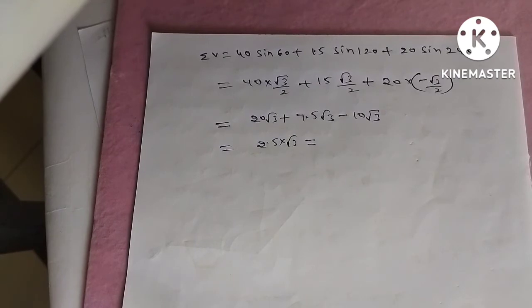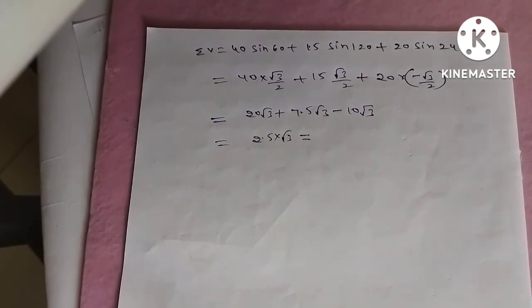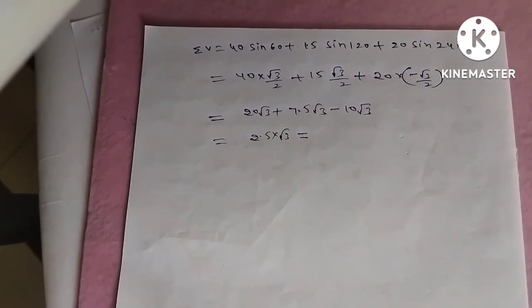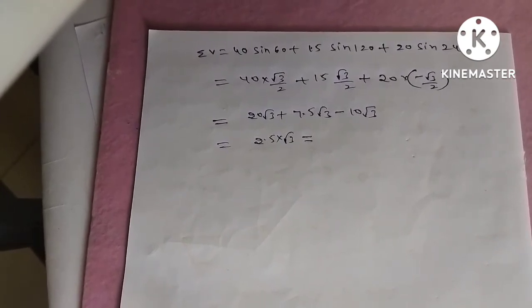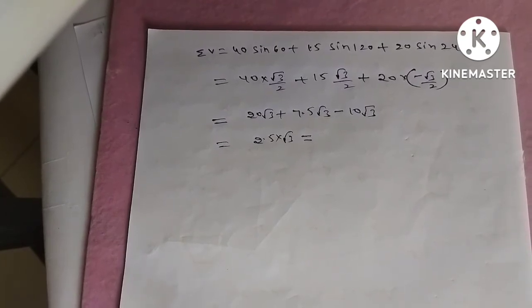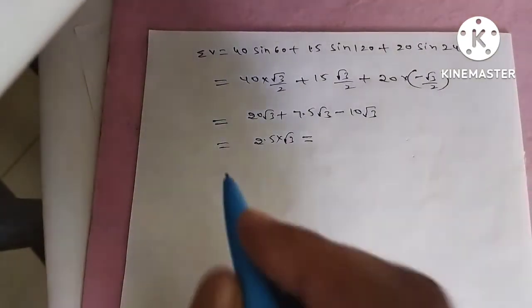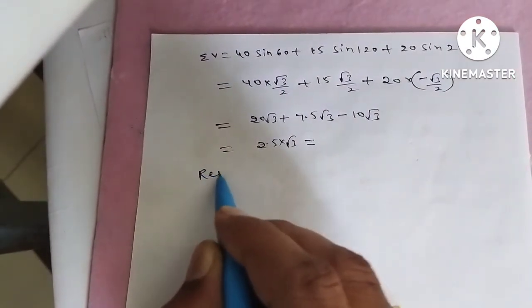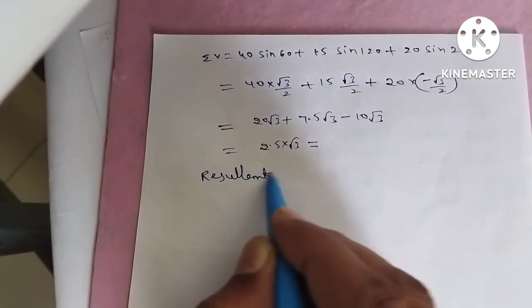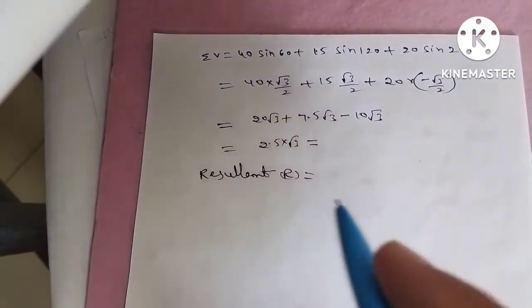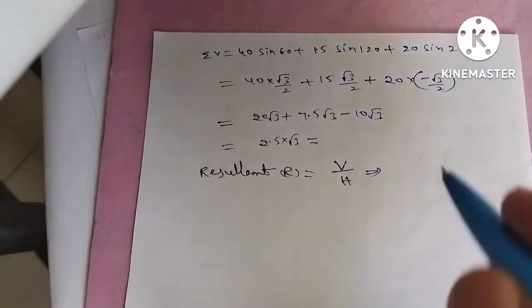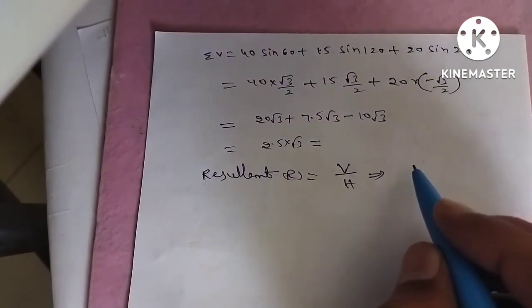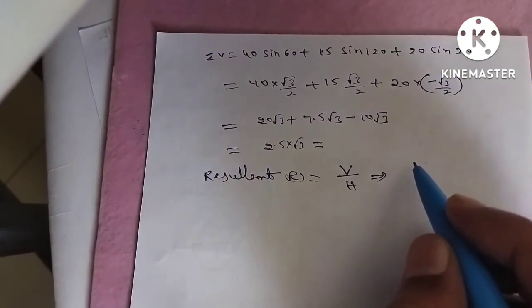Now the resultant R is equal to root of sigma V square plus sigma H square. So the resultant magnitude R is equal to root of sigma H square plus sigma V square.